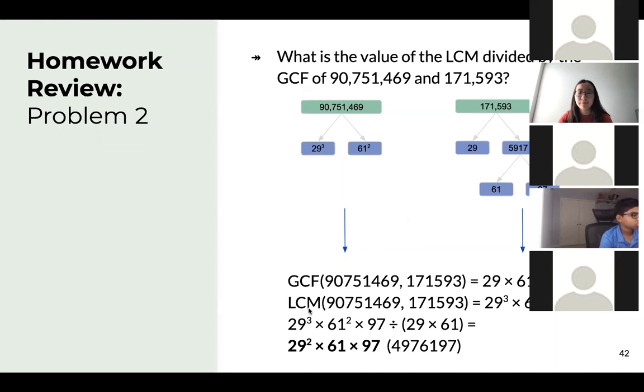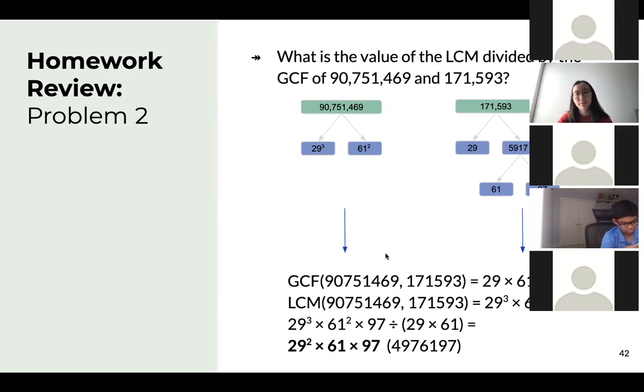And then for the LCM, you look at each distinct prime number and then look at the highest exponent that's present. For example, there's a 29 in one of the numbers and a 29 cubed in the other number. So we take the 29 cubed because that's the larger exponent. And we do that for all the numbers. So we take the 61 squared instead of the 61, and then we take 97. Multiply those together and that becomes the least common multiple.